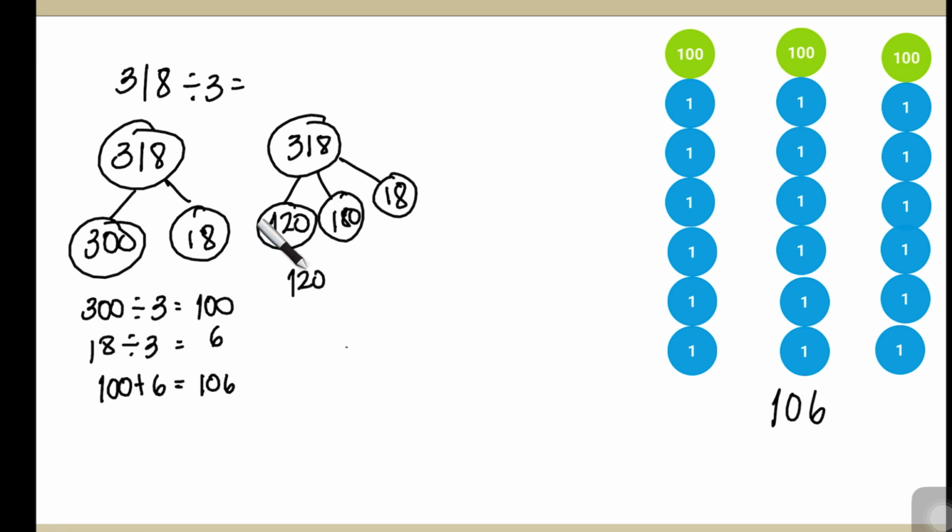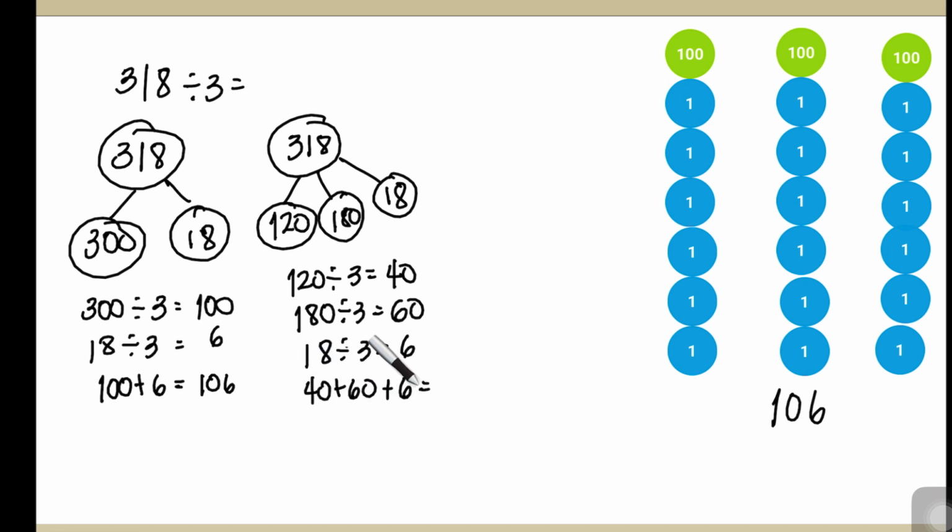So 120 divided by 3, that's 40. 180 divided by 3, that is 60. And then 18 divided by 3 is 6. So 40 plus 60 plus 6, 106.